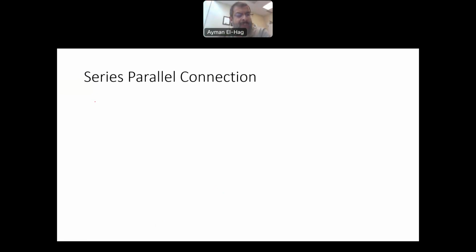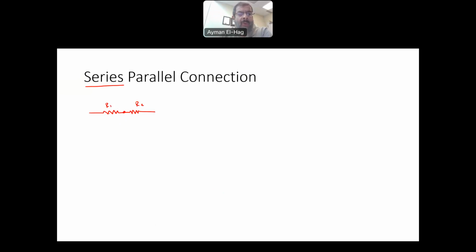So let's start with the series connections first. So basically when you have a resistance R1 connected to R2, we say that these 2 resistors are in series when they share one node, which is this node, and nothing else is connected to that node.